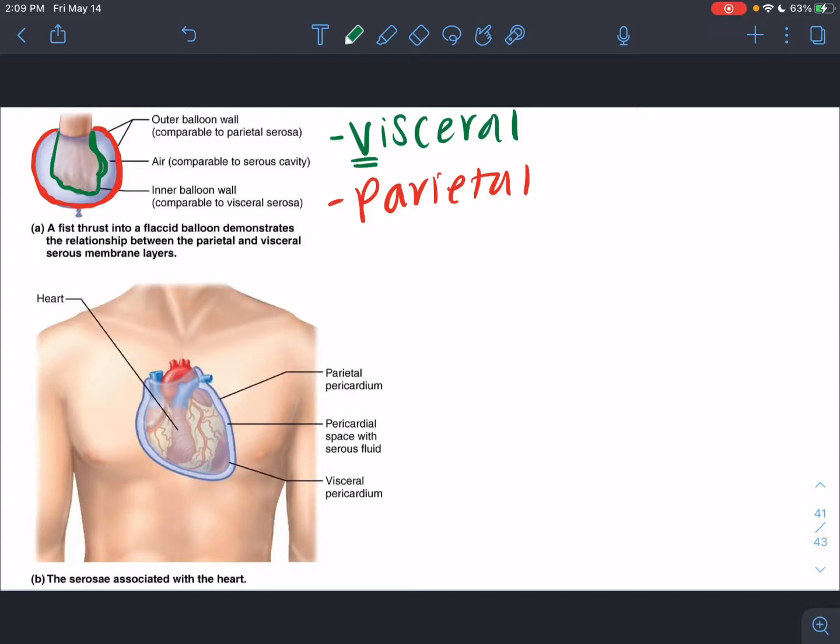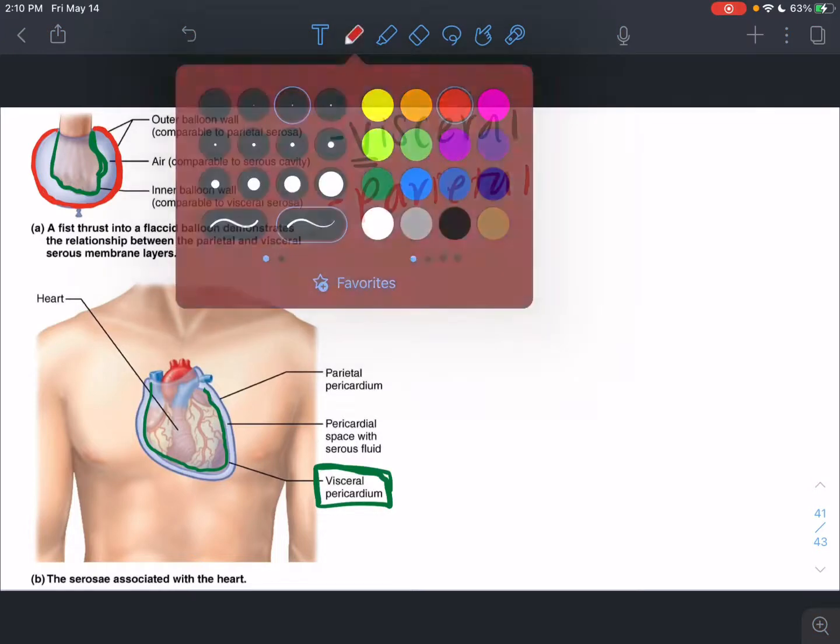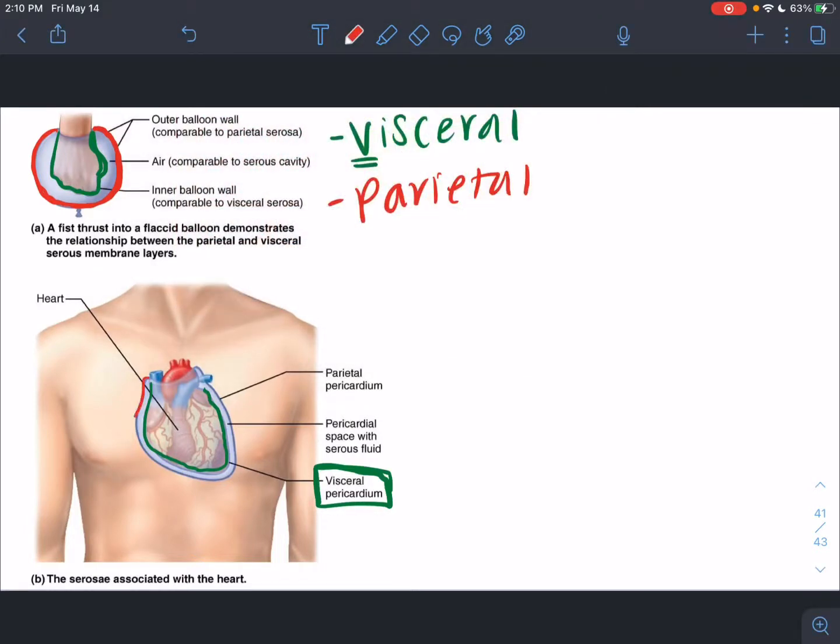So for this example, we have our heart, right? So now your heart's in the balloon. You have a piece of the balloon directly touching the heart, right? This is your visceral pericardium. Pericardium because it's around your heart. Visceral because it's very close. You also have a layer of the membrane on the outside.